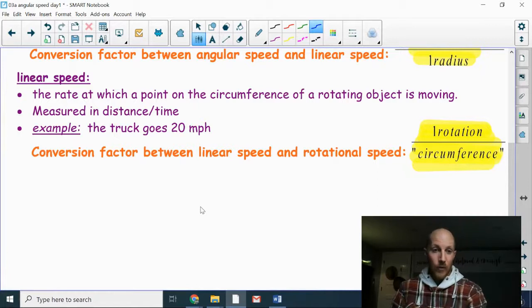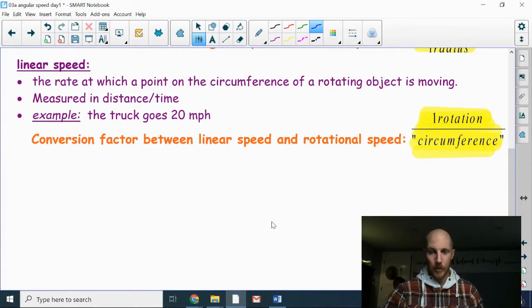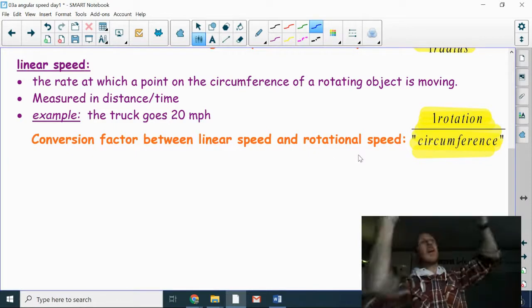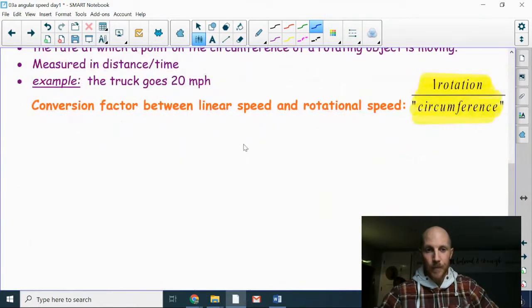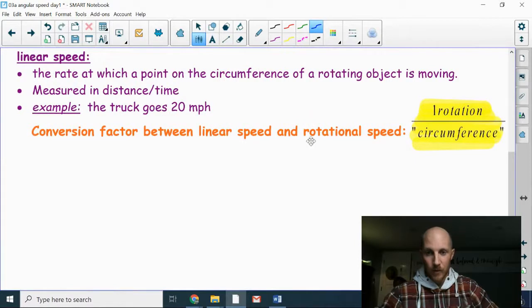And the conversion factor, let's just look at this bottom conversion factor. The conversion factor to get between linear speed, which you can see on the notes page here in purple, and rotational speed, which was back up at the top of the page in green, that conversion factor is given here. So the notes page, as I mentioned, has these conversion factors placed strategically.